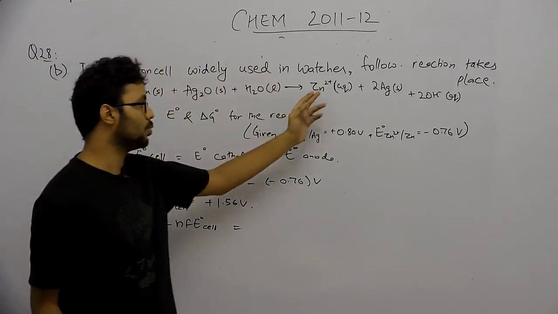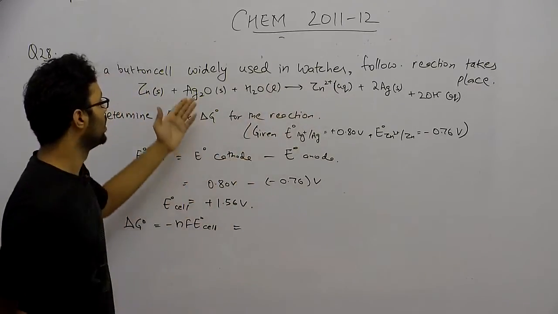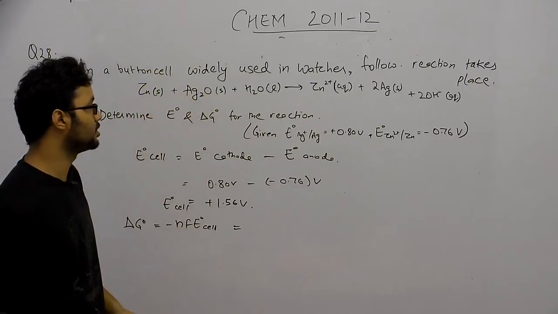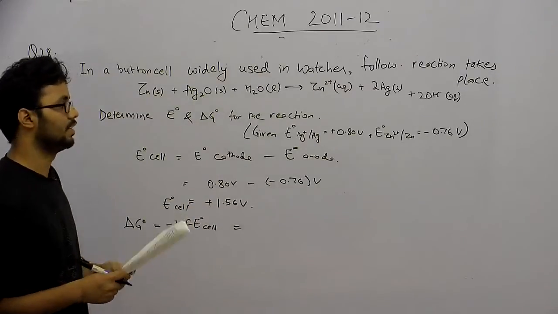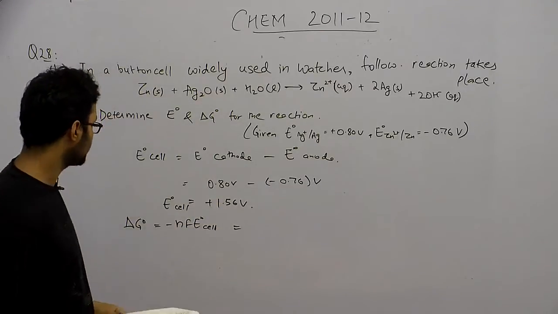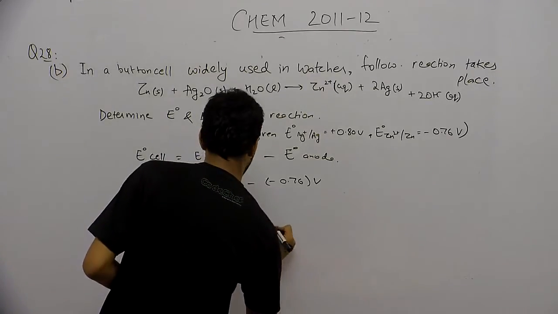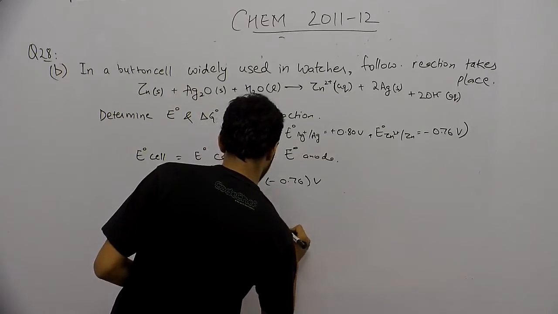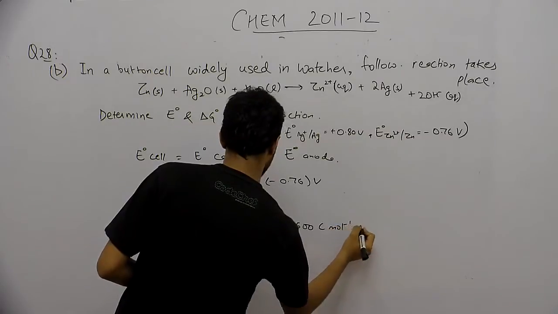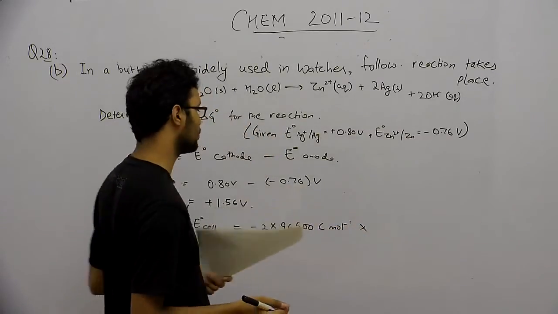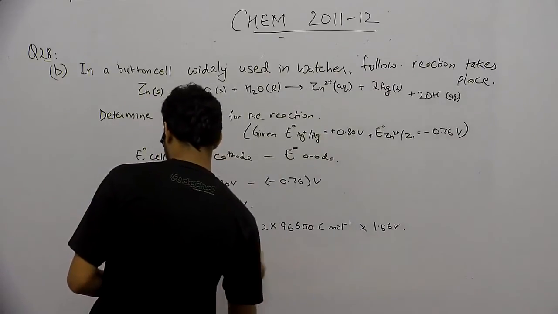Zn is going to Zn2+, which means it is losing 2 electrons, and 2 atoms of Ag+ are going to Ag, which are in total taking 2 electrons. So n here is 2, so it is minus 2 into the value of F, which is 96500 coulomb per mole, and we have found out the E0 of the cell, that is 1.56 volt.